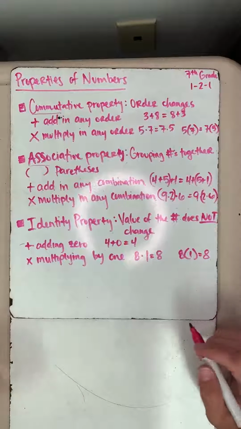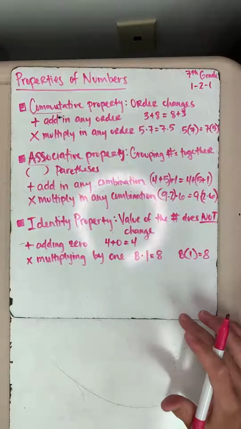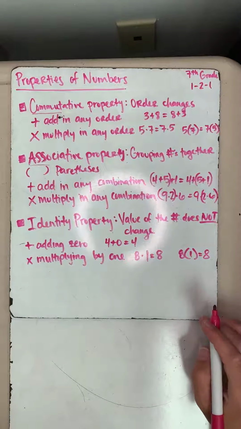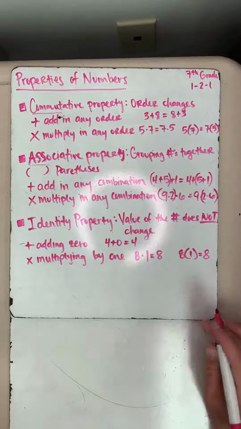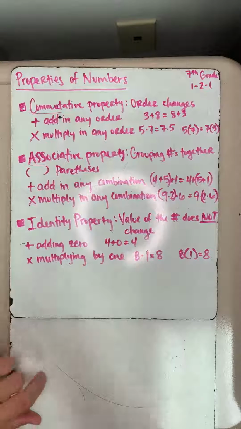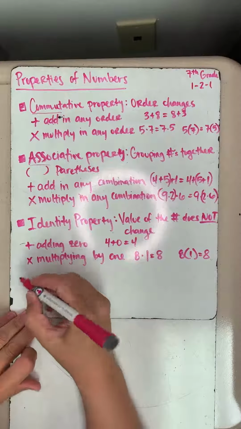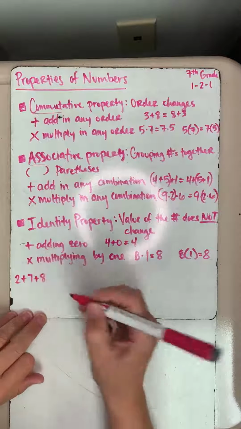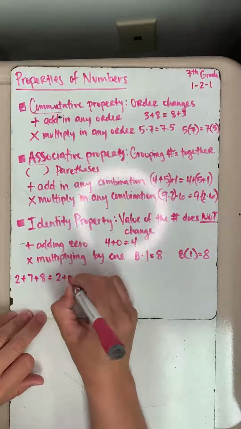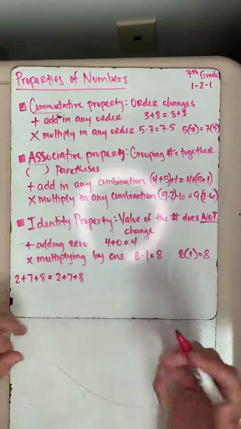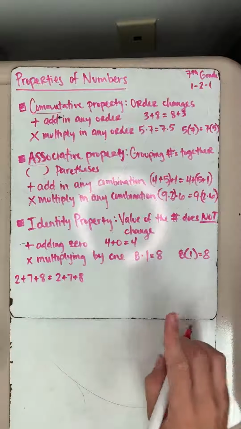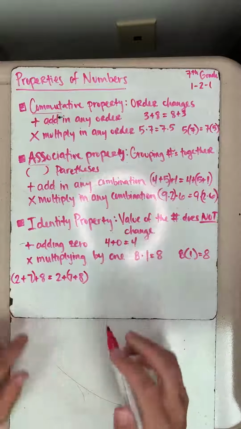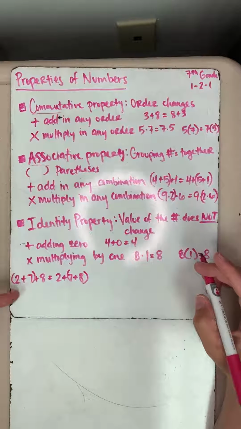So we are going to do an example of each of them, and then you guys are going to do an example. The first one, I'm just going to do them all down here at the bottom. So if I have 2 plus 7 plus 8, and it's equal to 2 plus 7 plus 8, the first thing I want to realize is my order didn't change. So I look for other things. I notice I have parentheses.